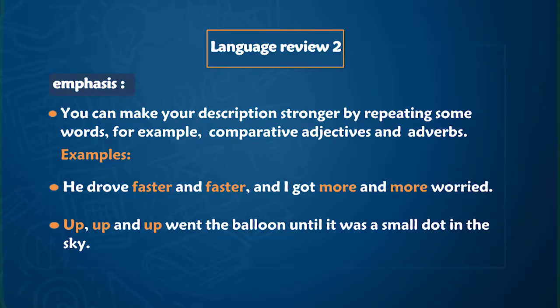The writer here describes a balloon flying in the sky. But how to present the picture, to move the picture in your mind, makes you imagine as if you watch a video. Up, up and up went the balloon until it was a dot in the sky, a small dot.